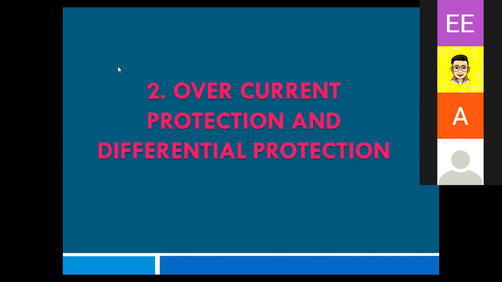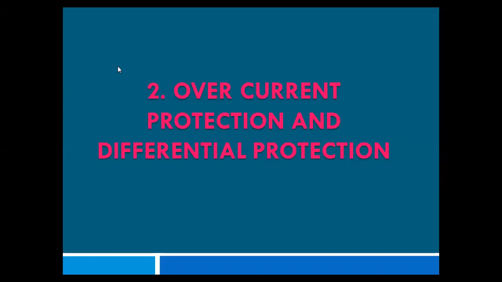Hello. Good afternoon, everyone. In the last lecture, we reviewed our first chapter, that is protective relays, and today we'll see the review of the second chapter, that is overcurrent protection and differential protection. Overcurrent protection means, if the current is more, how to protect using different relays.